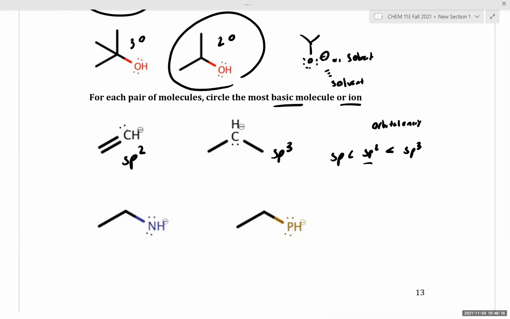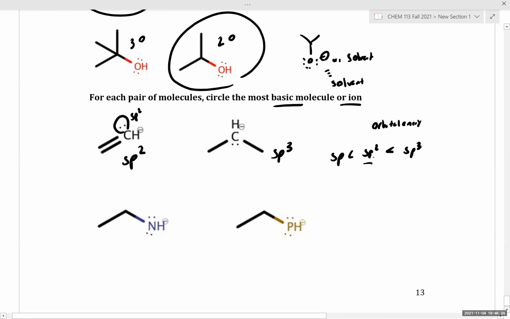It will be less stable. If this orbital is lower in energy and we're holding this anion in an sp2 orbital, would this anion in turn be lower or higher in energy? It would be lower because the orbital is lower in energy. Yeah.